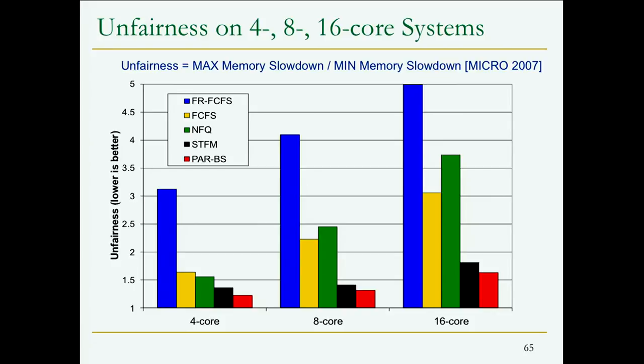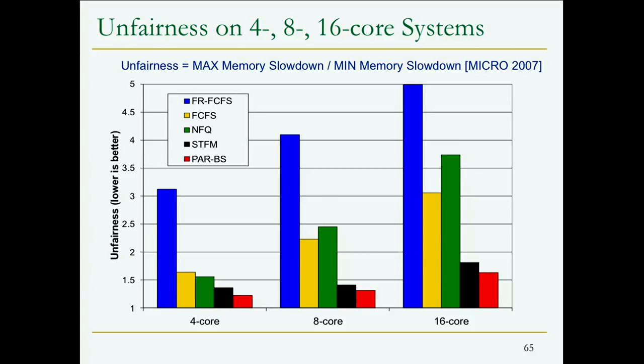So let's take a look at the performance and unfairness of this scheduler a little bit. And you will see this in the paper also, but this is unfairness, maximum memory slowdown of a thread divided by minimum memory slowdown. And these are different types of systems averaged across some number of workloads that you can find in the paper. As you can see over here, first ready, first come, first serve is quite unfair, right?